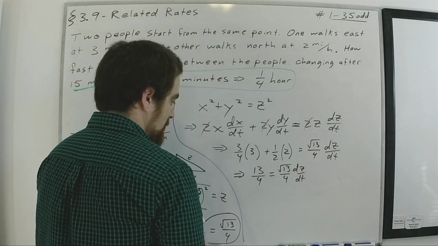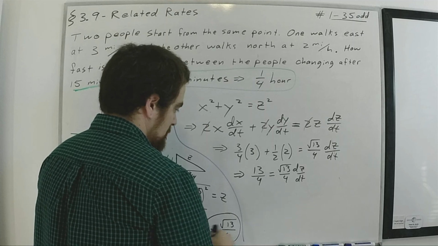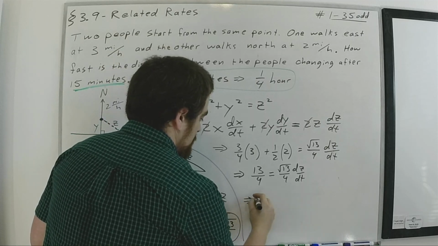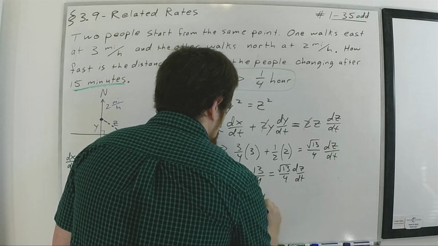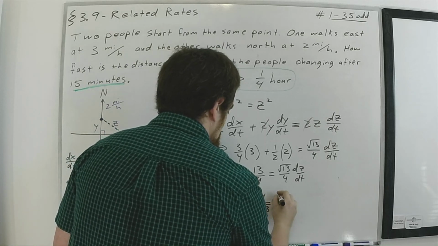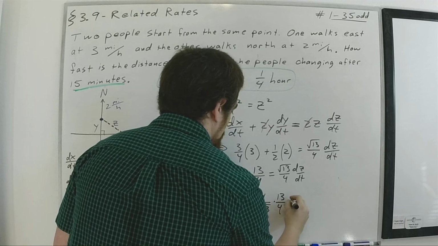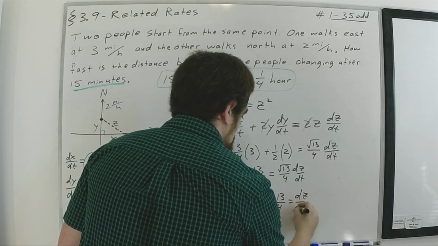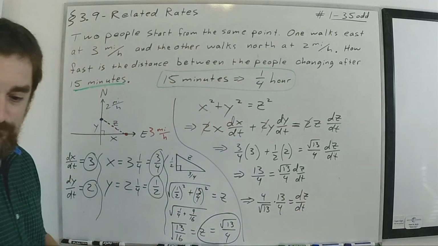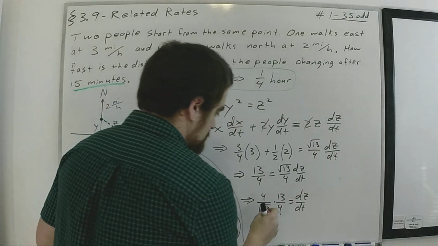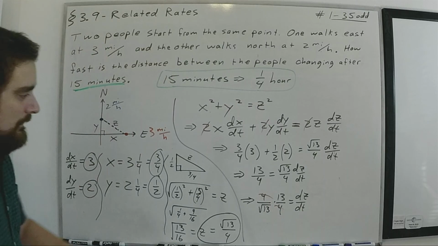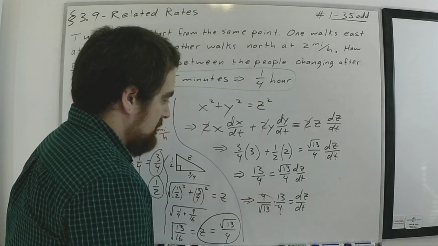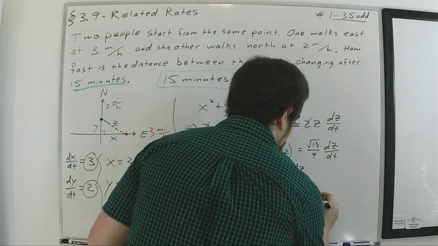So then I'm going to multiply both sides by the reciprocal to get it to cancel out on the right-hand side. This will give me 4 over root 13 times 13 over 4 is dz/dt. And then 13 divided by root 13, well, that's just going to leave me with root 13.